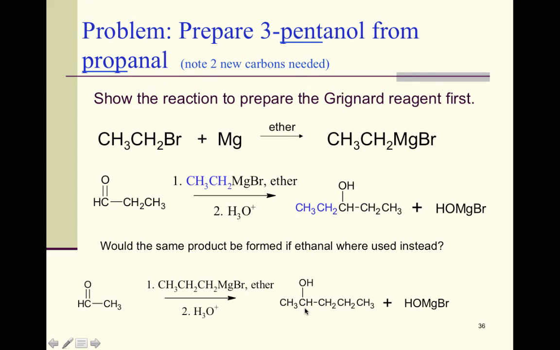Instead of the OH being on carbon number 3 as requested in the original question, it's actually coming off carbon number 2. The carbonyl carbon is the carbon that becomes the OH. I didn't have enough carbons in my initial aldehyde to get the OH on carbon number 3. So no, you couldn't make the same product if you used ethanal. You'd actually make 2-pentanol instead of 3-pentanol.